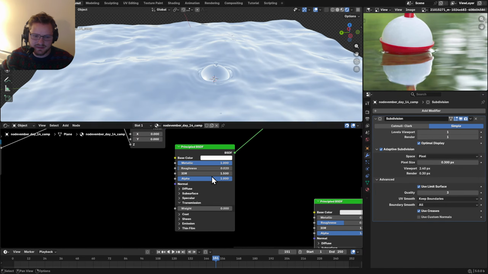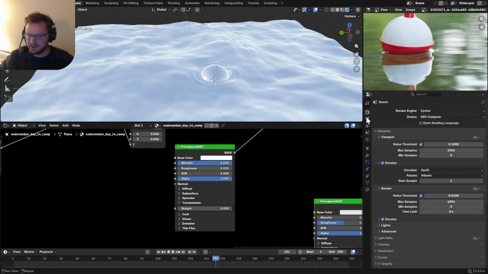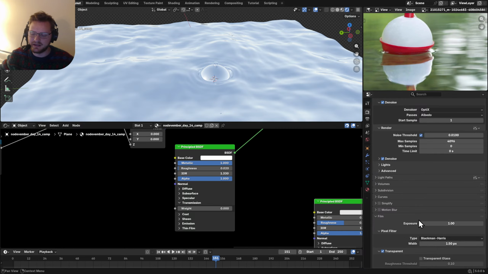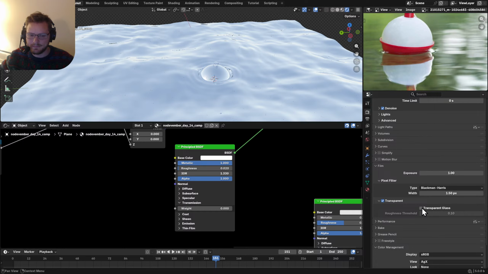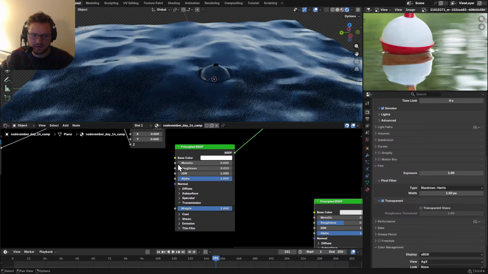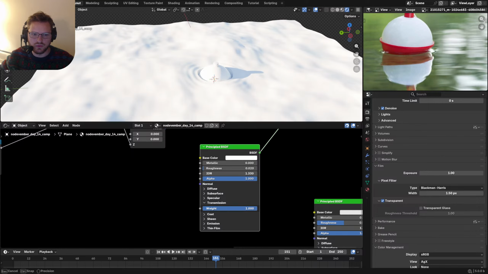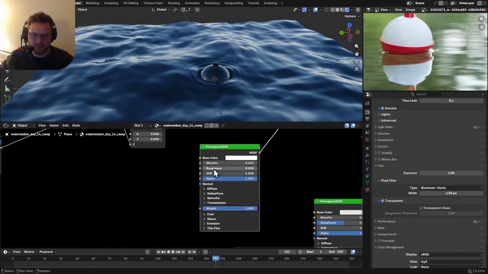Like I know it isn't metallic, but IOR 1.33. That's just a fact. That's the index of refraction of water. Transmission. Ooh. Maybe transmission was the way all along.